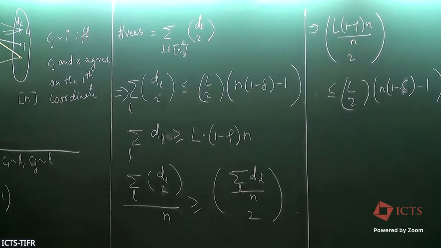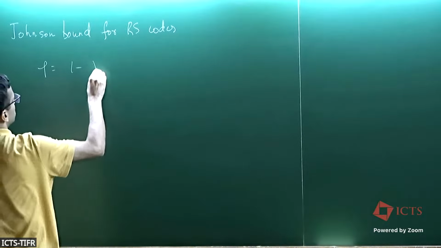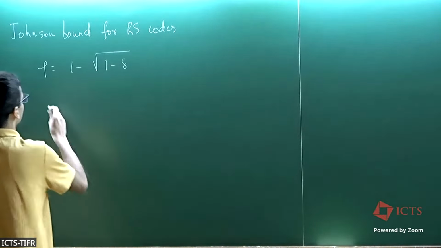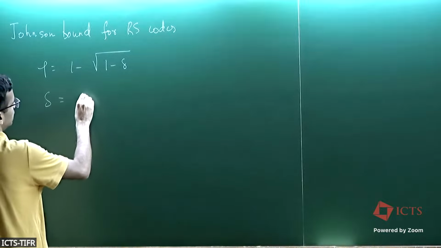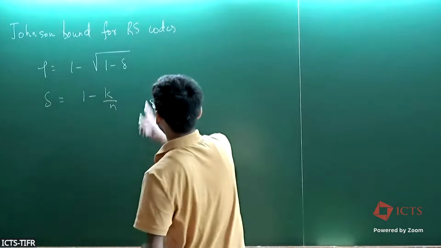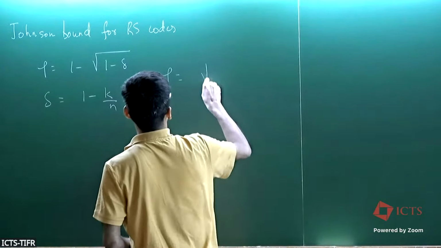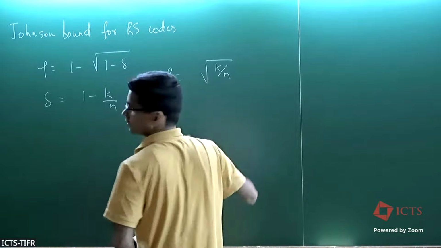So what we're going to see now is an algorithm for list decoding Reed-Solomon codes up to the Johnson bound. So let's write this. The bound that Johnson gives, rho, is 1 minus square root of 1 minus delta. And for Reed-Solomon codes, we know delta is 1 minus k over n. So this implies that rho is 1 minus square root of k over n.